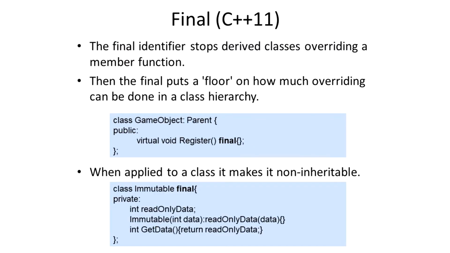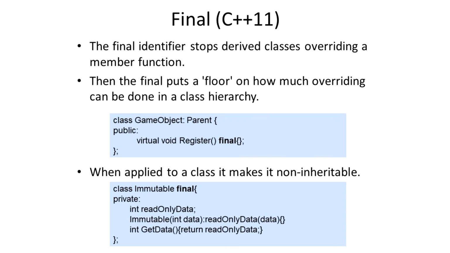Next, let's have a look at the keyword final, which if we apply this keyword to a function that exists in a parent class, but we have a child class which inherits from this parent class and attempts to override this function in the parent class, then adding the keyword final to the parent function actually prevents the child from overriding this parent function.